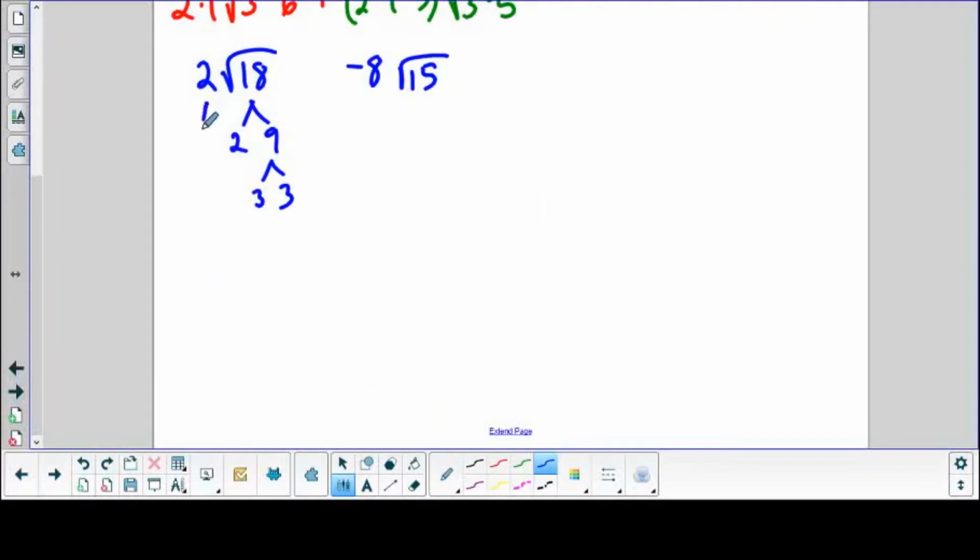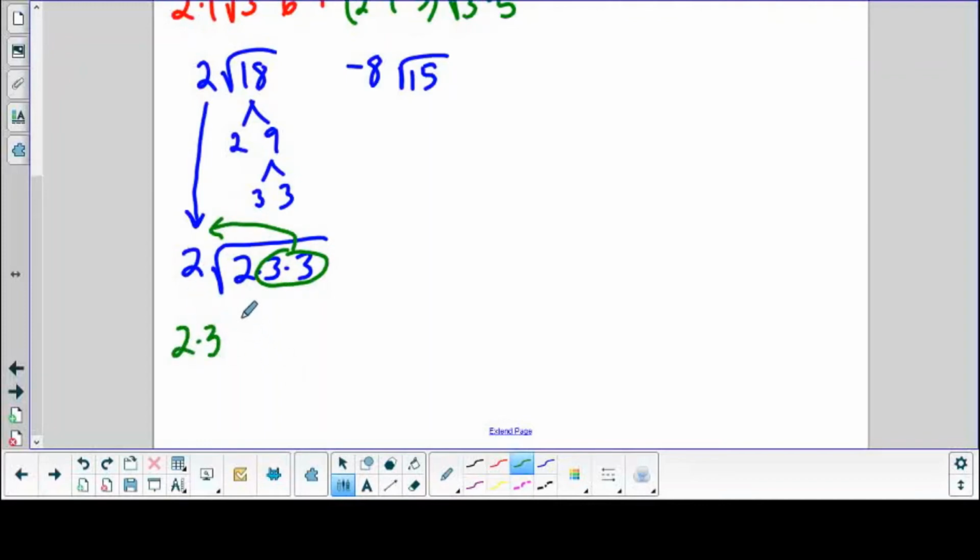So we bring this 2 that's out front down, put your square root symbol, and we reduced 18 as 2 times 3 times 3. Do you have any pairs? Sure, you have 3s there. So we pull that out: 2 times 3, and then the square root of whatever's left, the square root of 2. 2 times 3 is 6, square root of 2.